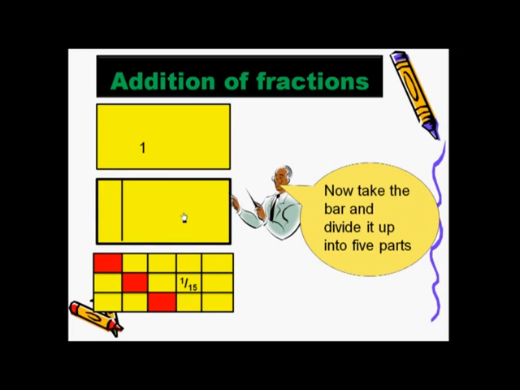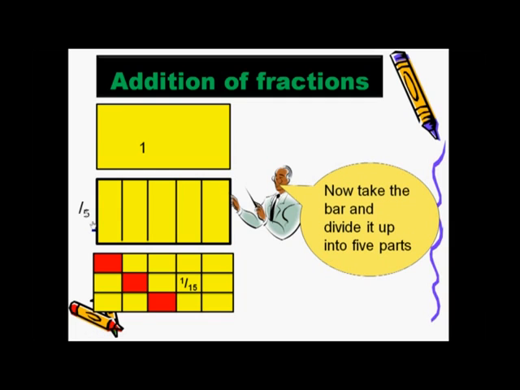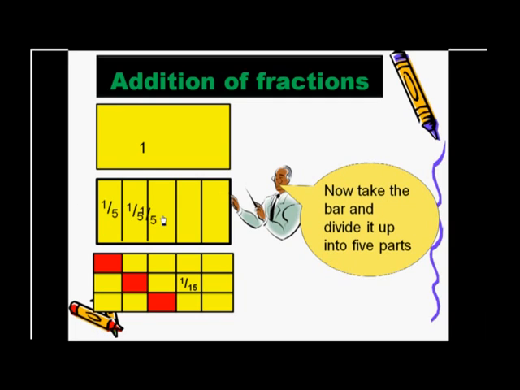So here we are, 1, 2, 3, 4, 5 parts. 1/5, 1/5, 1/5, 1/5, and 1/5. Now note, the question says you are to add 2/5 plus 1/3.